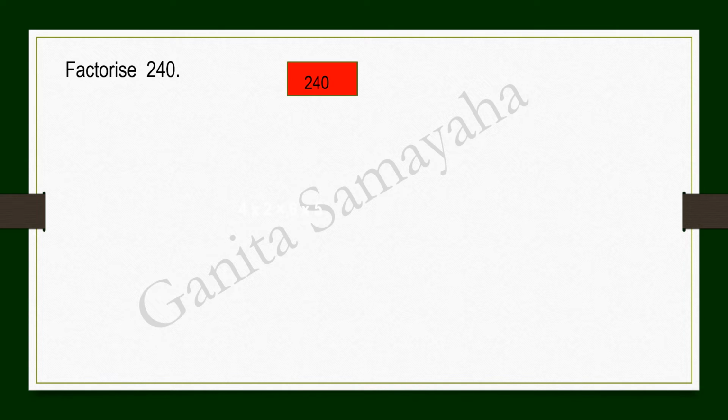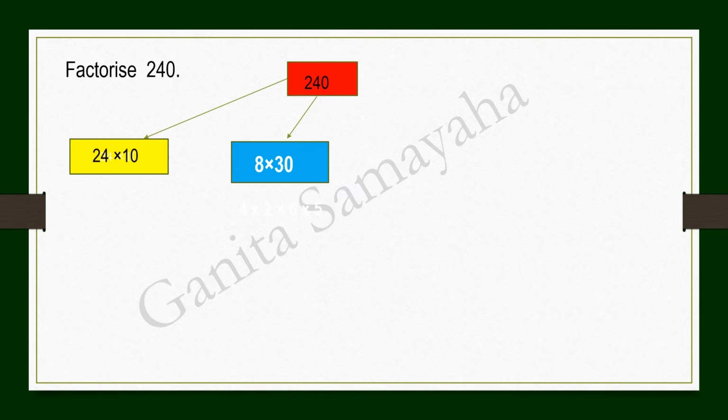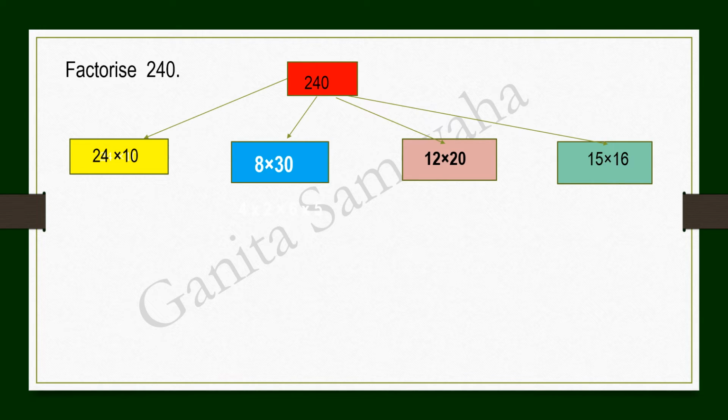So, when I consider 240, I could write this as 24 into 10, or we could write it as 8 into 30, or we could write it as 12 into 20, or 15 into 60. So these are the various methods of writing it. But then we feel that there are different ways of writing the same number 240. Let us see whether we are right in our understanding or not.